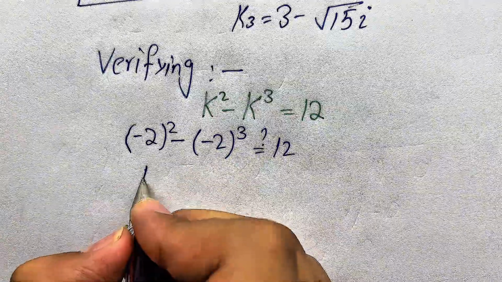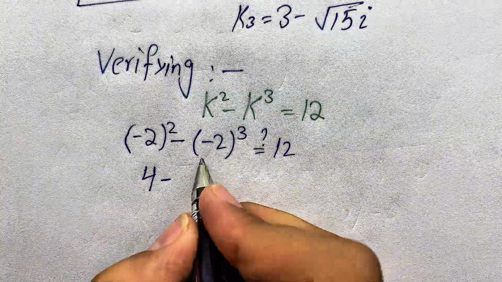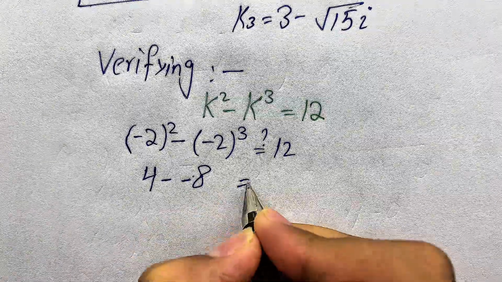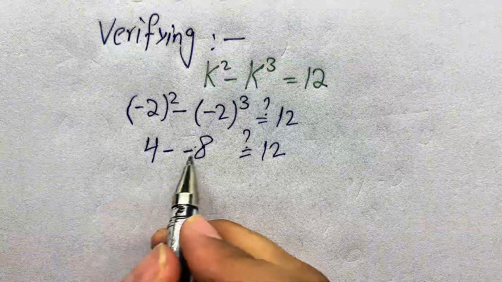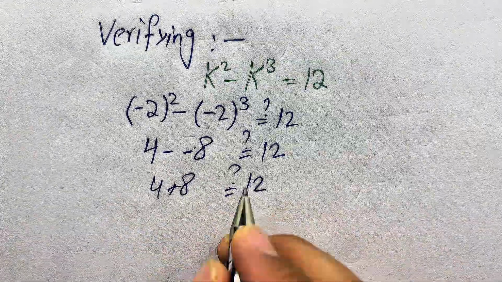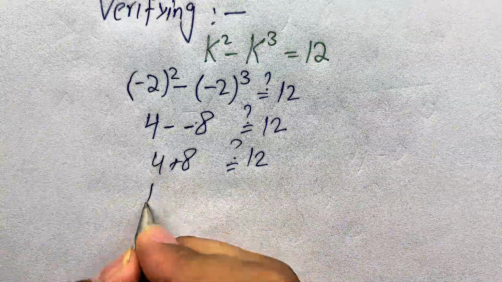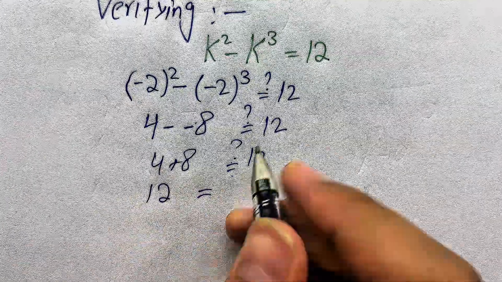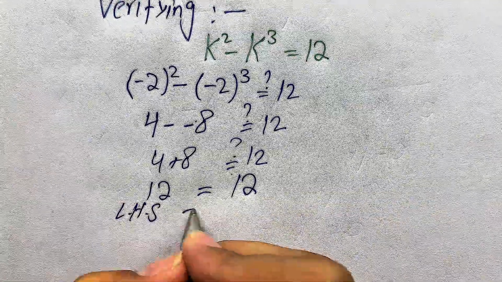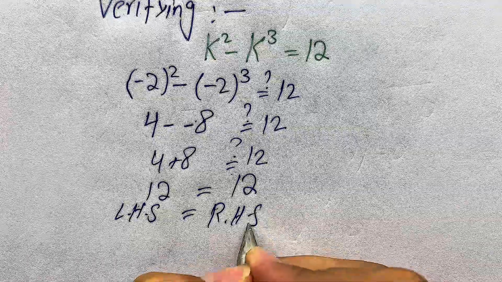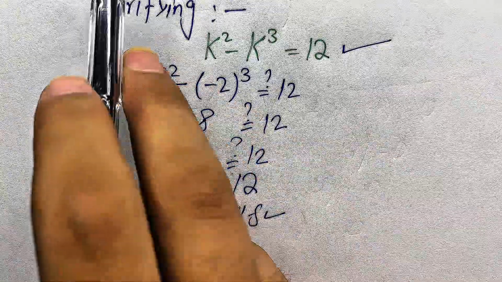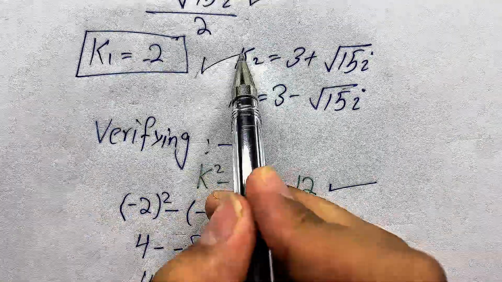Now this is 4 minus (-8), which is 4 + 8 = 12, and 12 is equal to 12. Now our left hand side is equal to our right hand side. Now our answer is verified, and our value of k is -2.